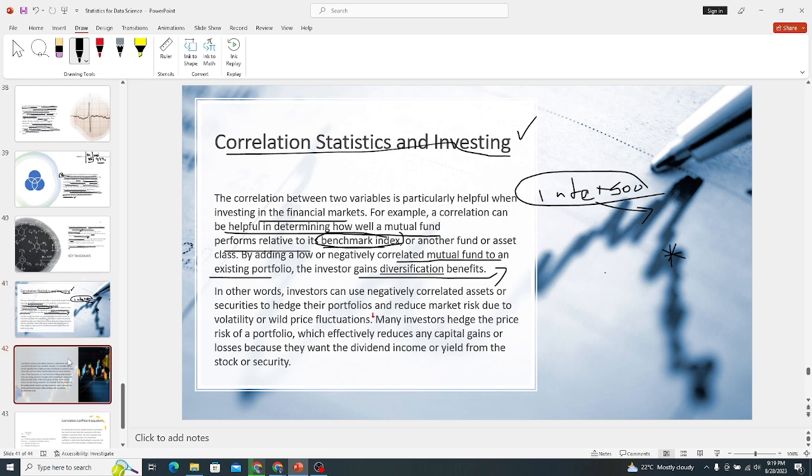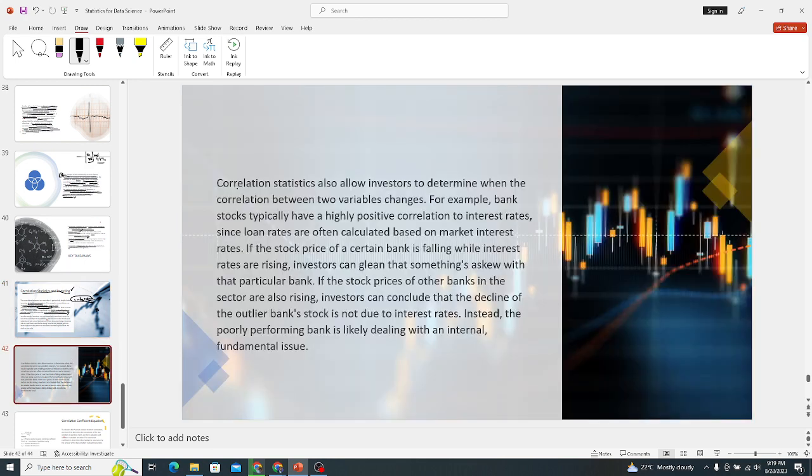All right, good. So correlation statistics also allow investors to determine when the correlation between two variables changes.